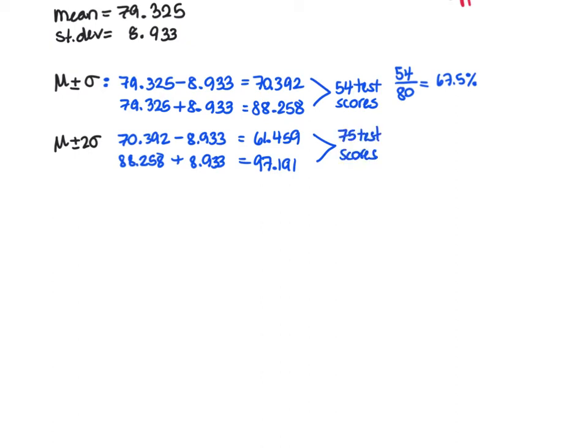So 75 out of the 80 test scores were within 2 standard deviations. And that means that 93.75% of the data fell within 2 standard deviations.